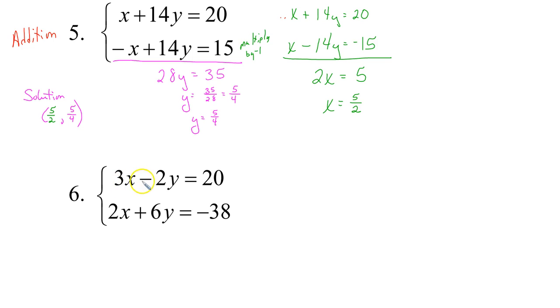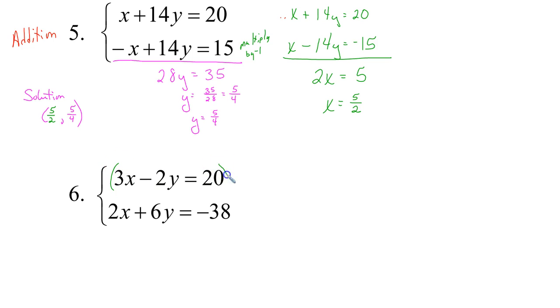We have 3x minus 2y, and we have a 2x and a plus 6y. There's no single x or single y, and I can't just add the equations together to get rid of a variable. However, if I look at this first equation, negative 2y, and the second equation with a positive 6y, if I multiply the first equation by 3, I will be able to eliminate the y's.